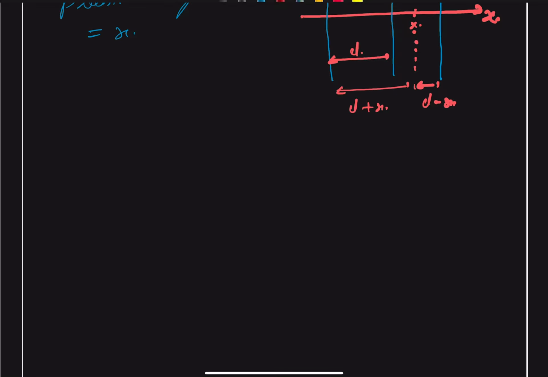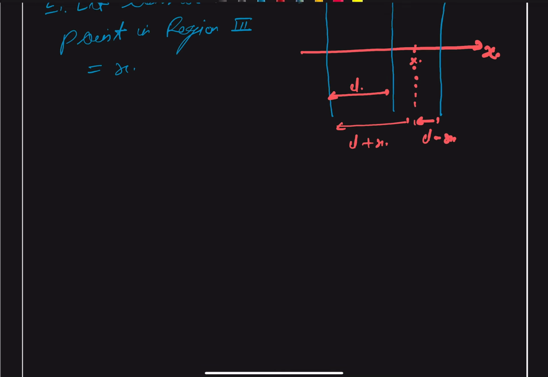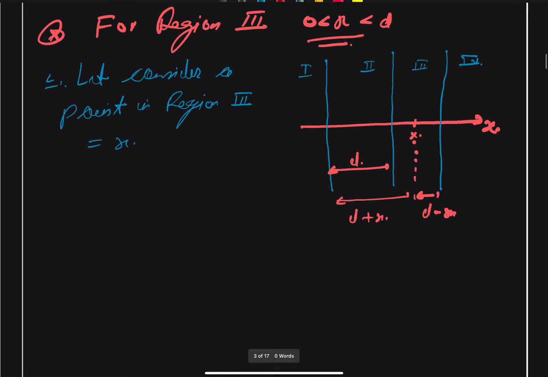So we can write that, and please remember this is minus d, this is plus d, and this point is 0.